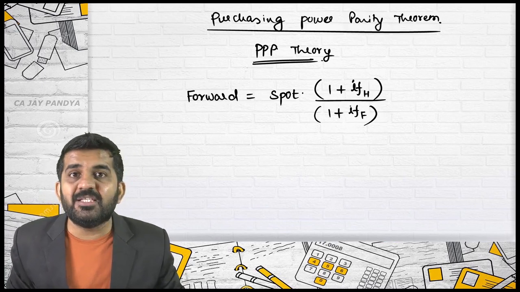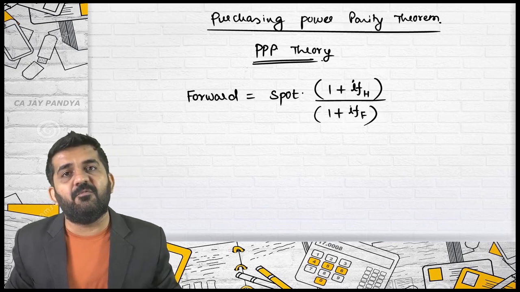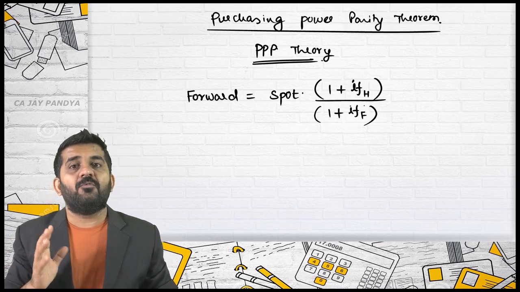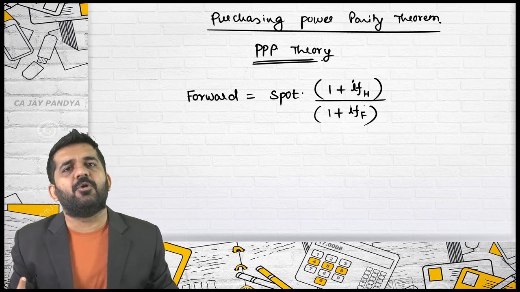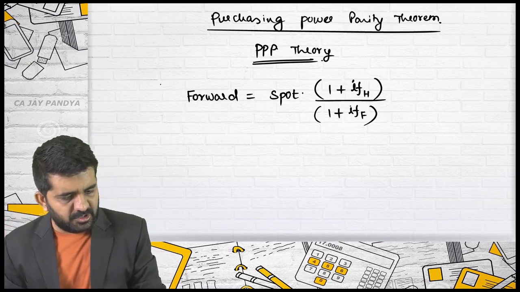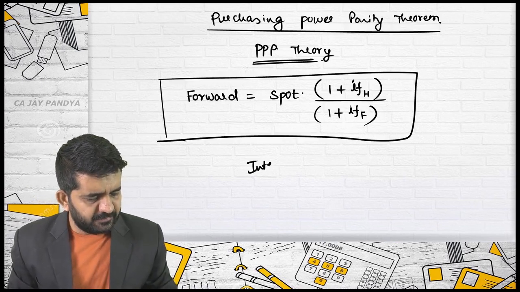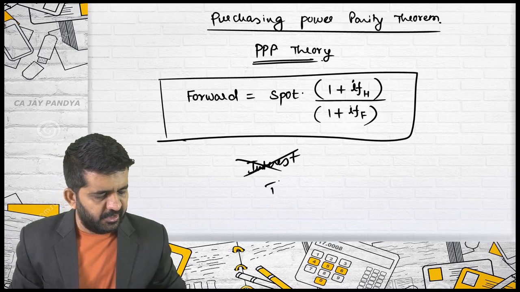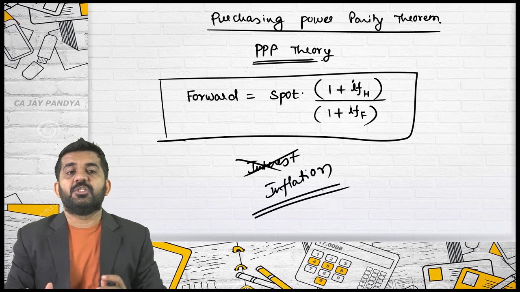So if rupees inflation is higher, that is Indian inflation is higher and USA inflation is lower, the forward rate in nominal terms will be higher. That is, the dollar will be at a premium and rupees will be at a discount. Sorry. Instead of interest, it is inflation which is taken into consideration.